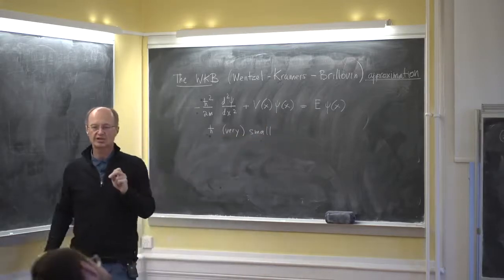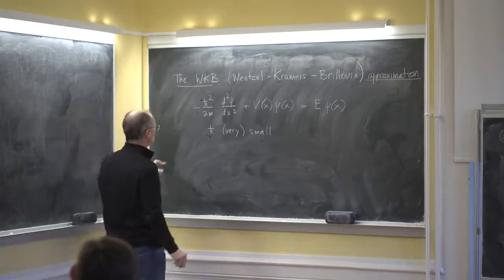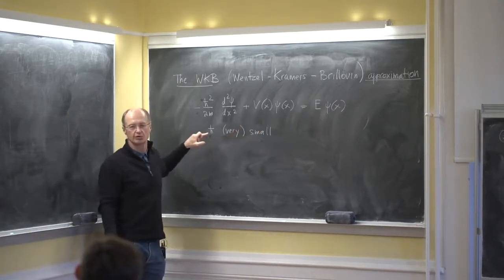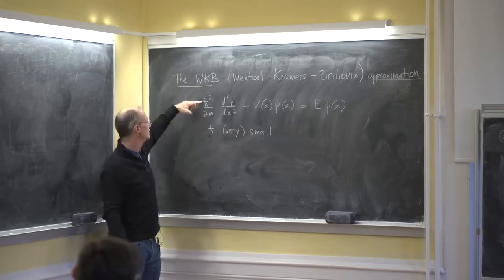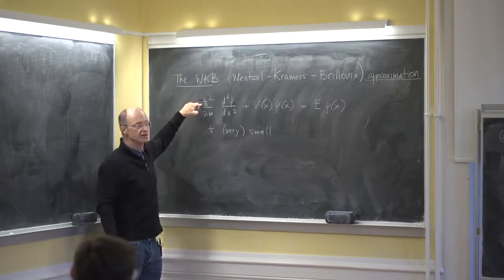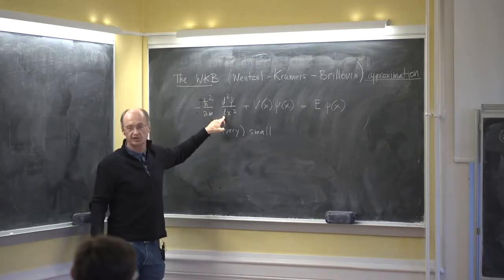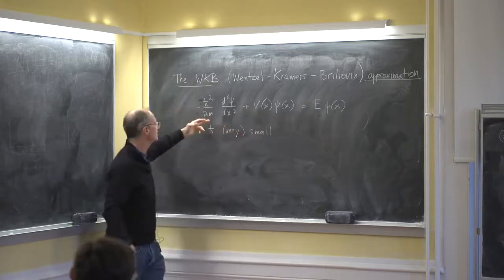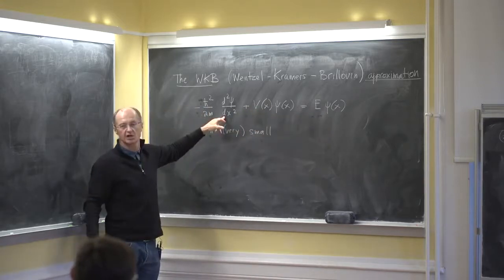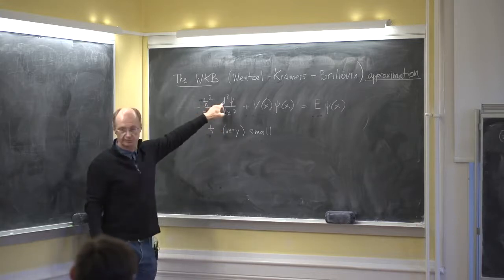Now notice that this is a somewhat problematic limit for the equation, because the parameter h squared is the coefficient in front of the top derivative, right? So this equation has some terms where we simply multiply the function by something, but this is the coefficient in front of the top derivative.